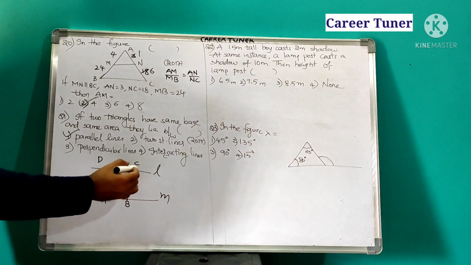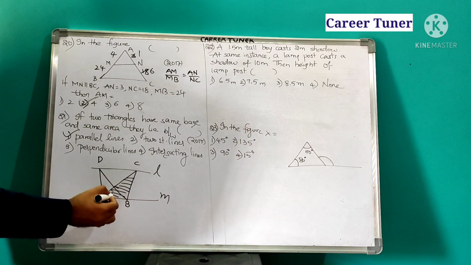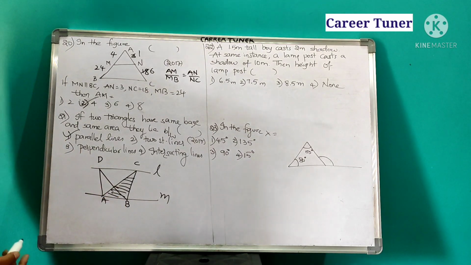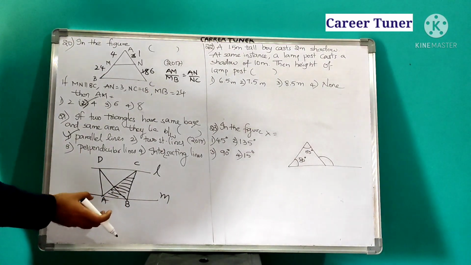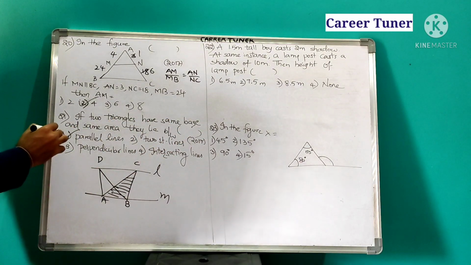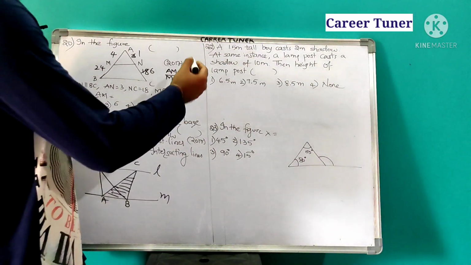Area of ABC, I mean this area, will be equal to area of ABD. This is a direct statement which you need to remember. So, remember that whenever same base and same area is given, they should lie in between what? Parallel lines.